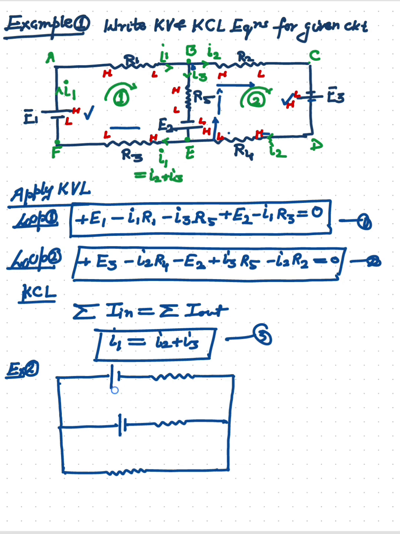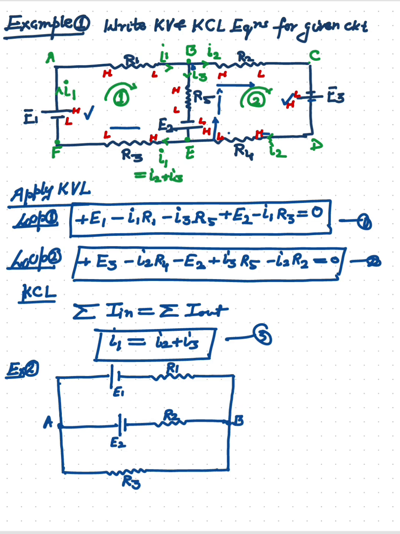Okay, so this is E1 and this is battery E2. This is the resistance R1, this is the resistance R2, and this is the resistance R3. Okay, and assume suppose this is the junction A and this is the junction B.